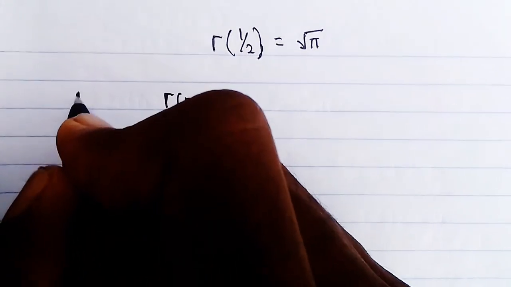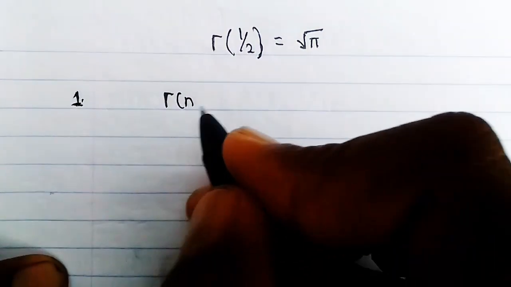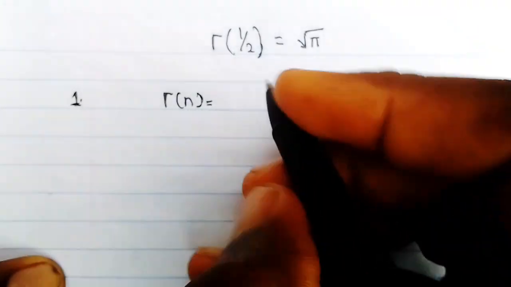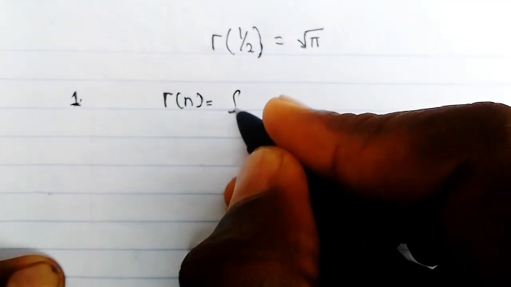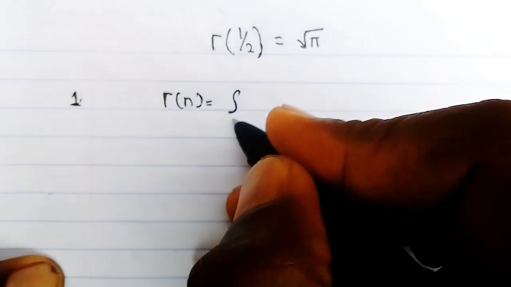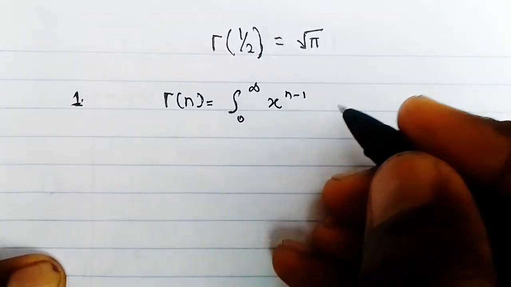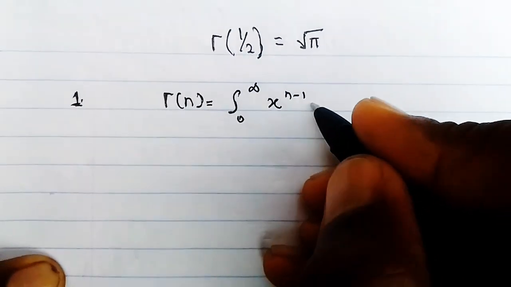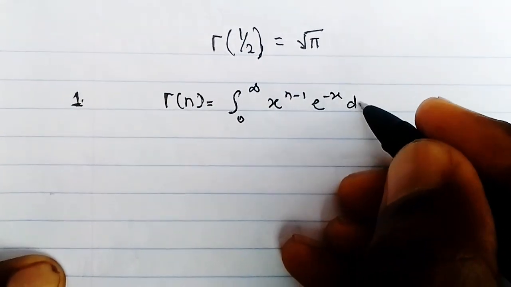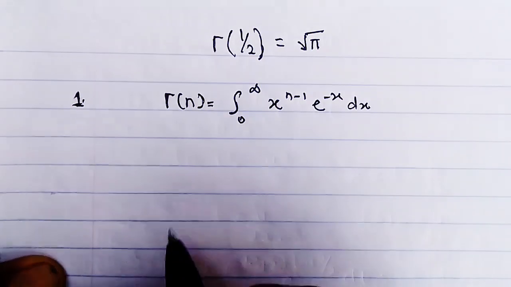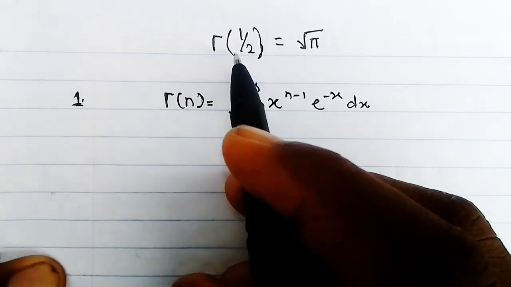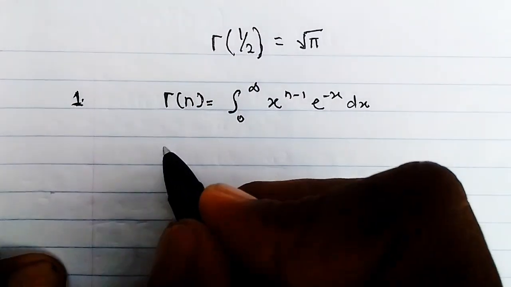Step 1. General expression for gamma of n is equal to the integral from 0 to infinity of x raised to power n minus 1, then exponential minus x dx. Since they ask us to prove for gamma of half, let's substitute n for half.